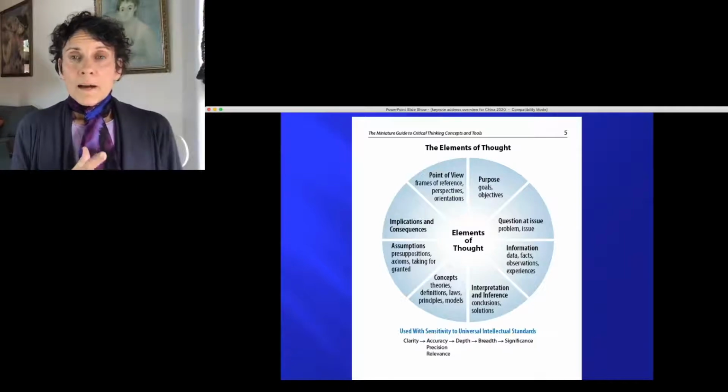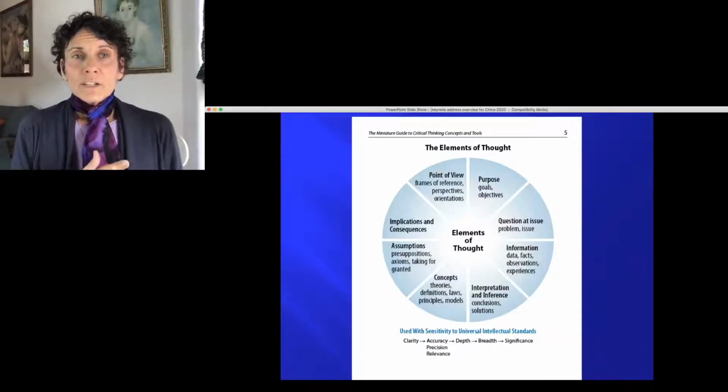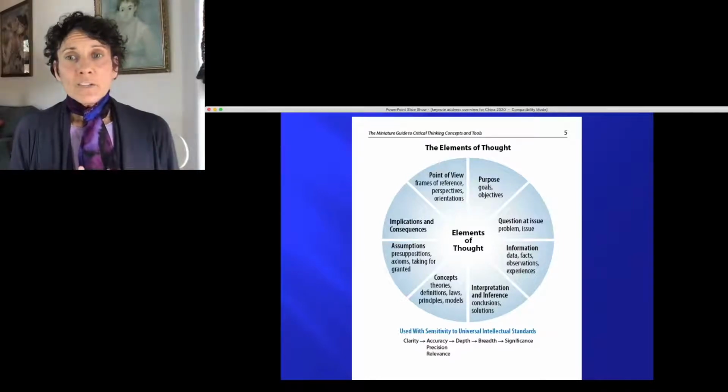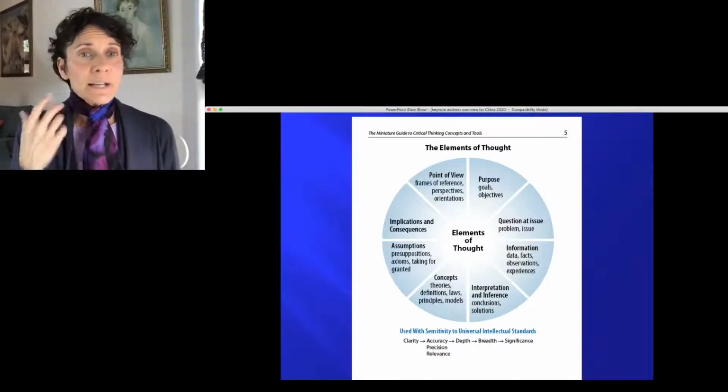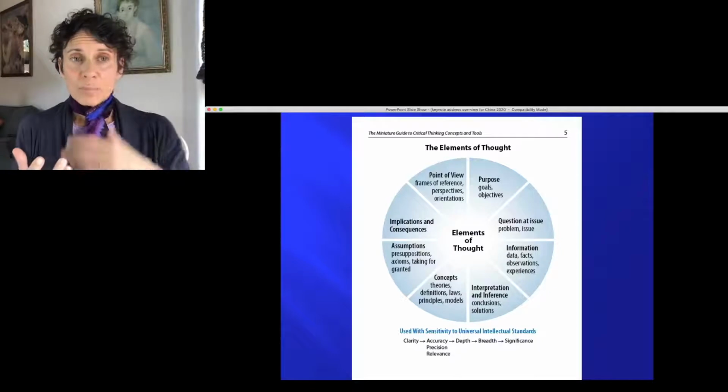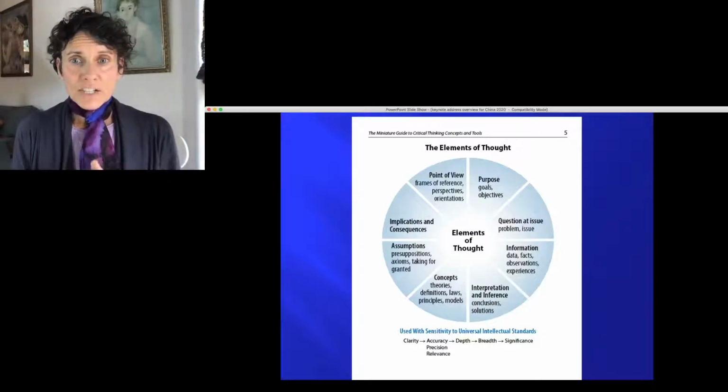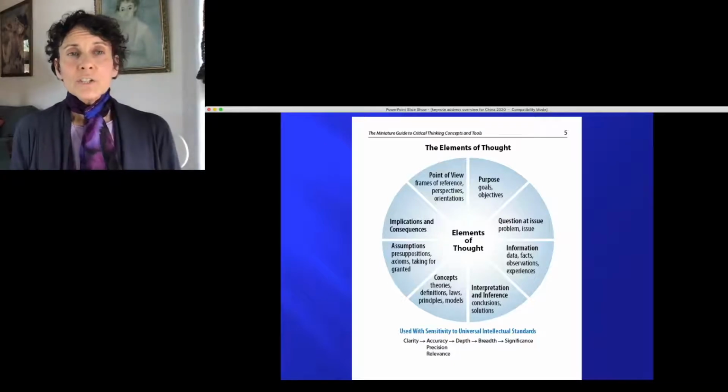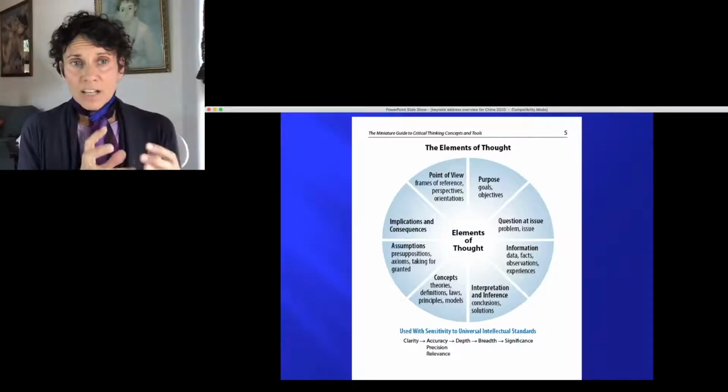So when you are teaching, you have purposes and you're asking questions, you're using information to decide how to put together your teaching strategies, you're coming to conclusions about that information, you are developing concepts that will guide your instruction.